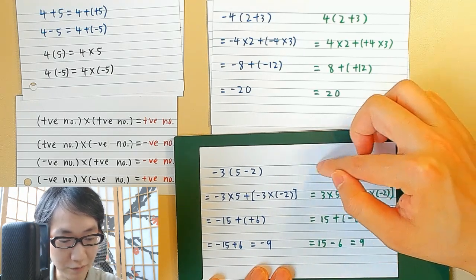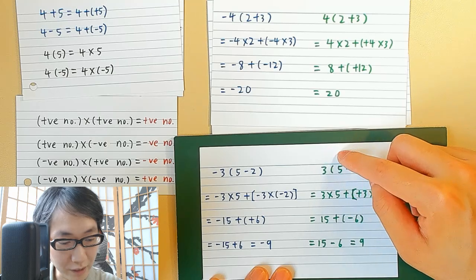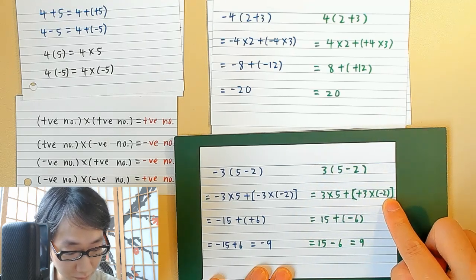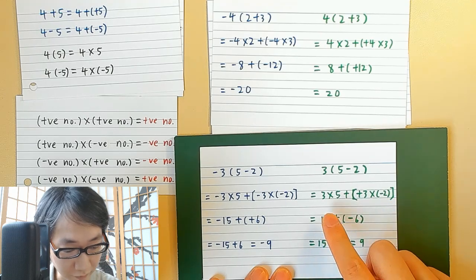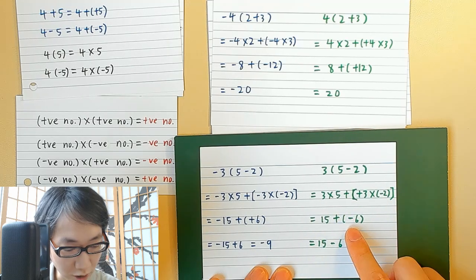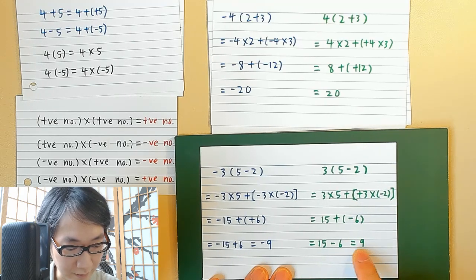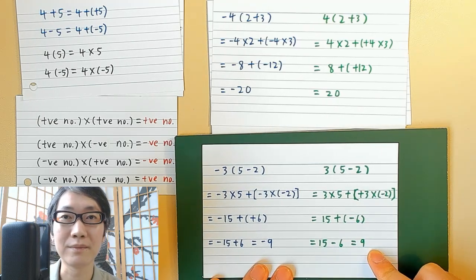Similarly, for the positive version, positive 3 times positive 5 and positive 3 times negative 2. First term is positive 15. Second term is negative 6. And we have positive 9.